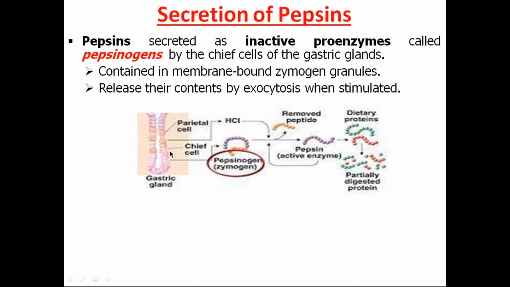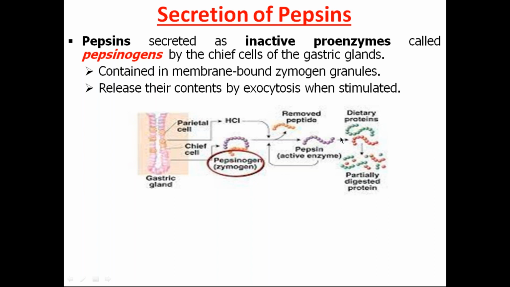So here you can see that the chief cell will secrete the pepsinogen by exocytosis, and this pepsinogen will be activated into its active form pepsin by removal of a peptide bond, and this activation will occur when the gastric acid is secreted, so it requires an acidic environment for activation.